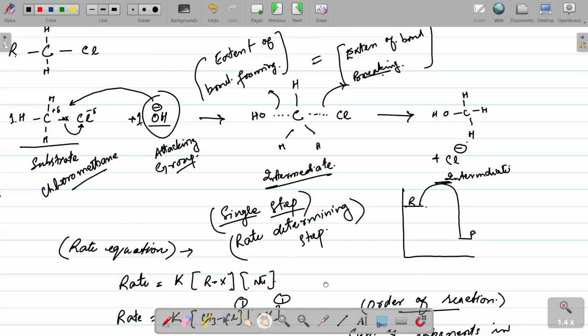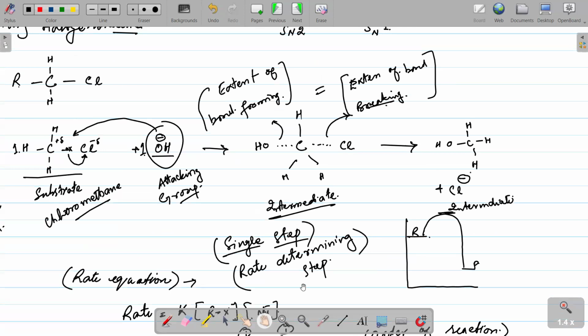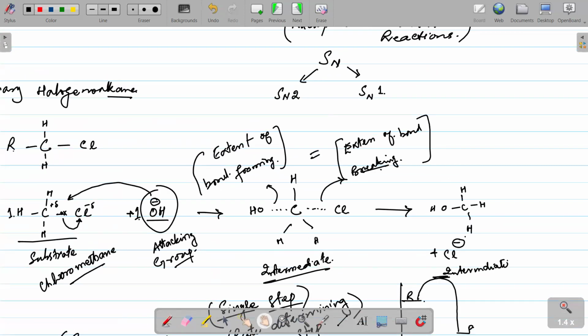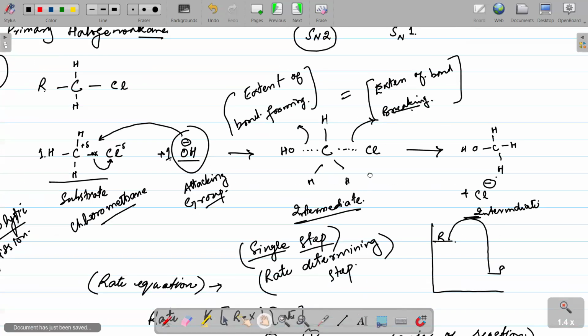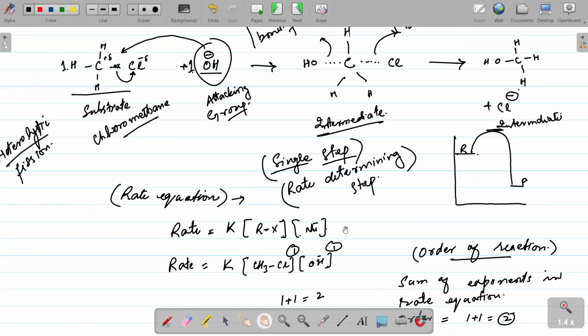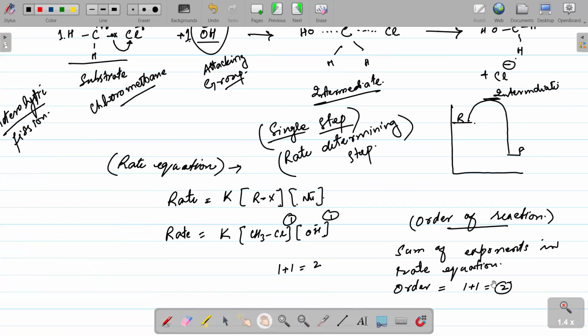So these nucleophilic substitution reactions in which the order of reaction is 2, we represent as SN2 reactions. Why? Because these are nucleophilic substitution reactions and their order is 2.